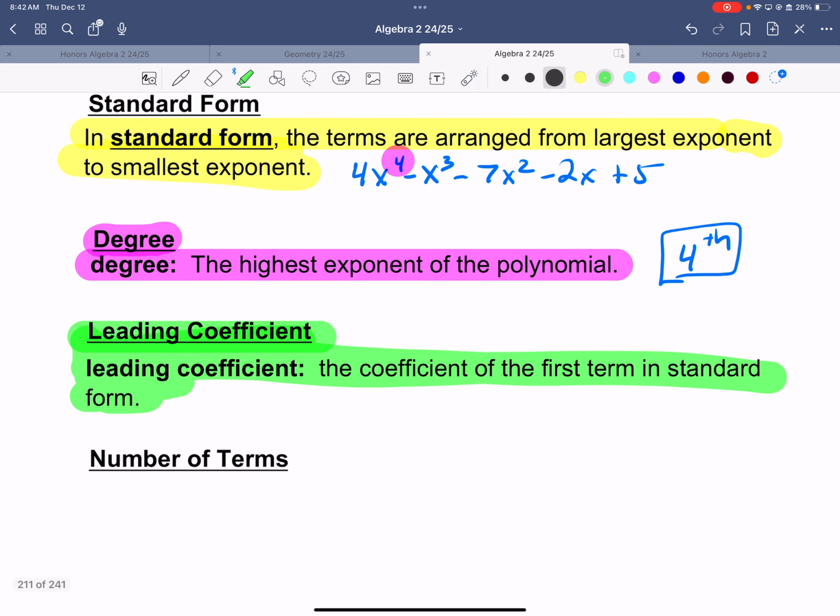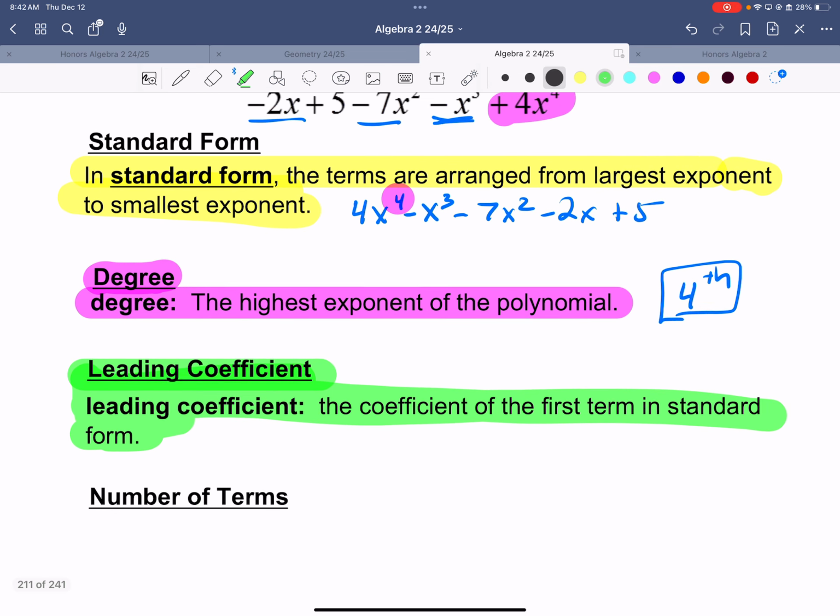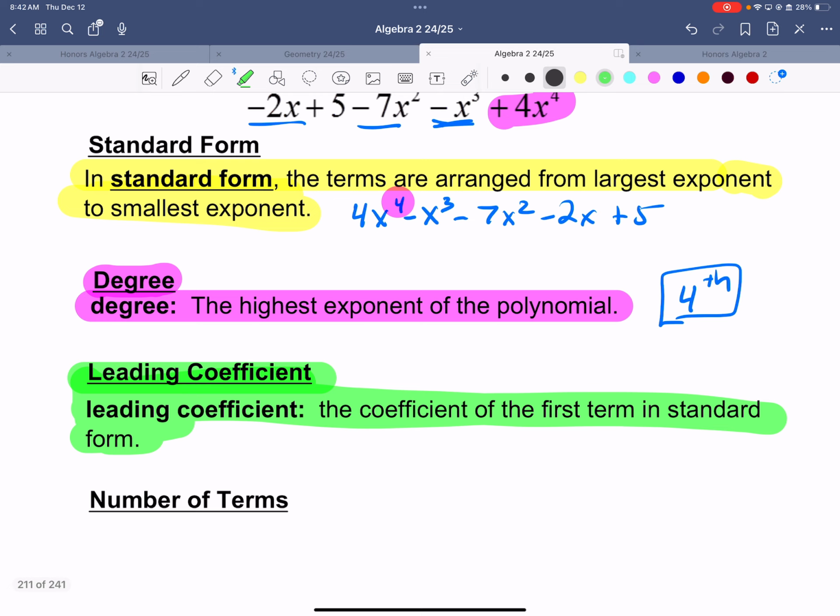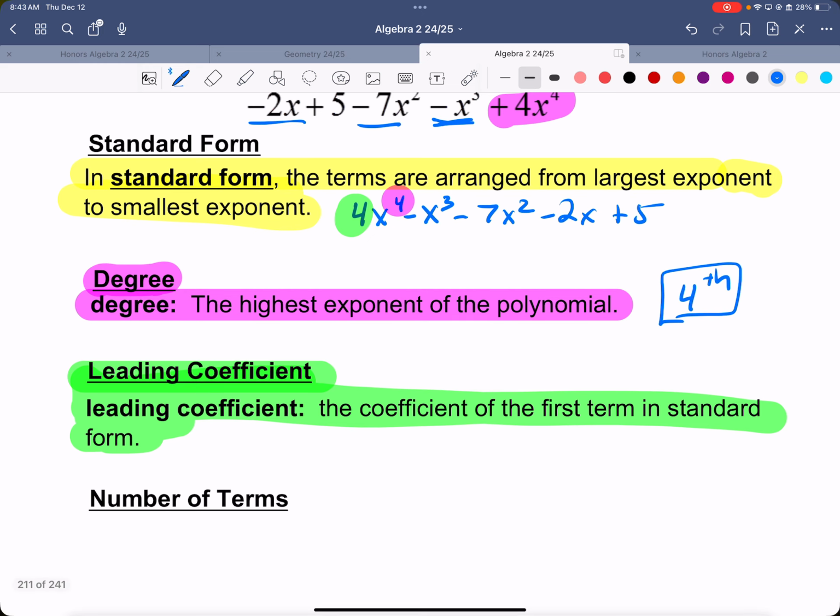What does coefficient mean? It's a fancy word for number. So the leading coefficient is going to be the number of the first term when we have it in standard form. So 4 is that number, so our leading coefficient is 4.